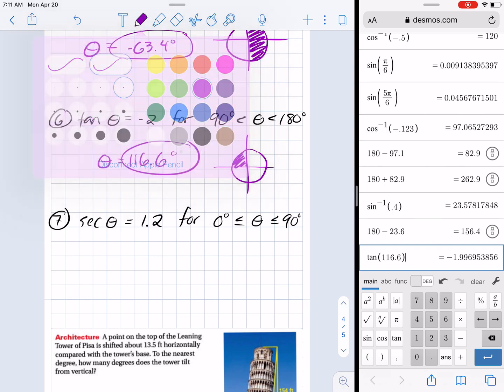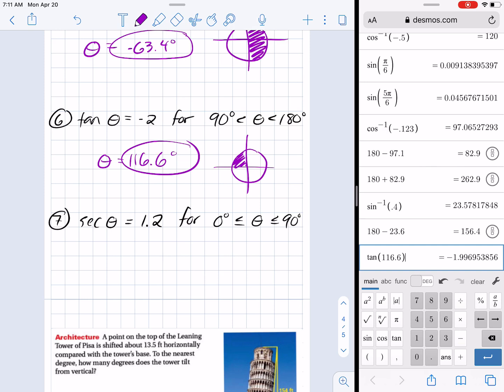Secant. Remember, secant is the reciprocal of cosine, so you're really just finding the cosine of what angle would get you a ratio of this reciprocal. The reciprocal of 1.2 over 1 is just 1 over 1.2.